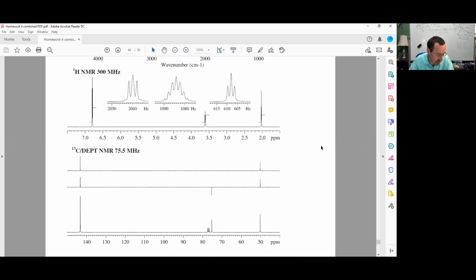I got out of it that there were 3 types of hydrogens in there. I got out of it that from the DEPT spectrum that there was a methylene group as well as a couple of methine groups. I got out that there seemed to be something that looked like an olefin. And from the mass spec, I was pretty sure the formula was C7H7. And the coupling pattern didn't talk to me one little iota, confused the hell out of me.